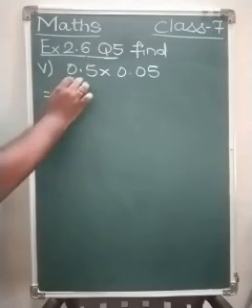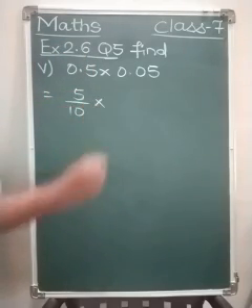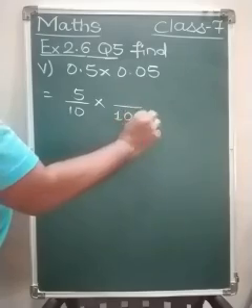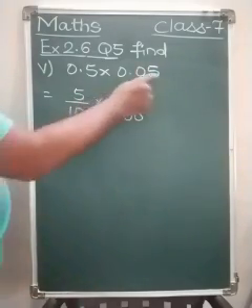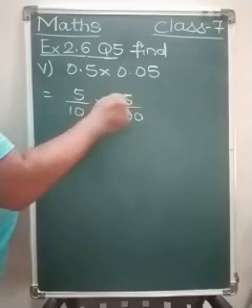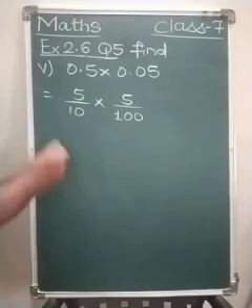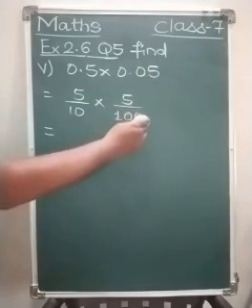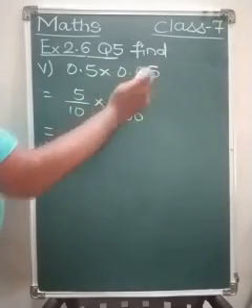It is very clear, after decimal point 1 place, so this will be 5 upon 10 multiplied by, after decimal point 2 places, so here would be 100 and the number would be written as it is. Since we are going to write down the number 005, the zeros in front have no value, so 5 upon 100. 5 upon 100 means 0.05. You can check it. For this 5, for this 0, 0, 1 comes, decimal point, so 0.05.